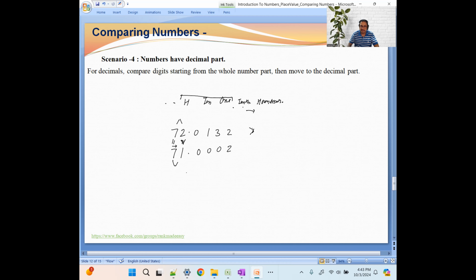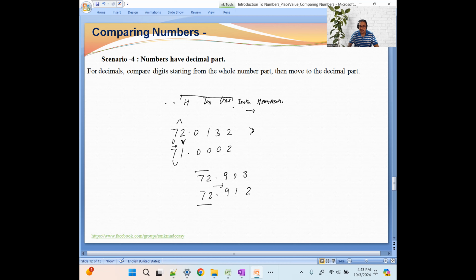One more example. Let us say you need to compare 72.903 with 72.912. How will you compare? You have to compare the whole part first. Whole part is the same. So you have to move towards the right side of the decimal and keep on moving until you find the different digits in both numbers.